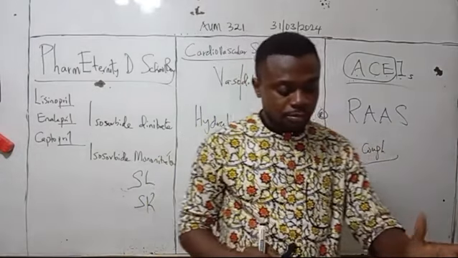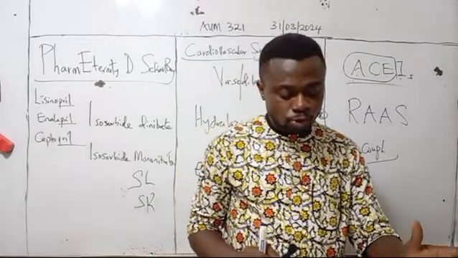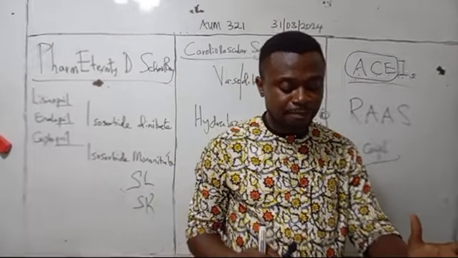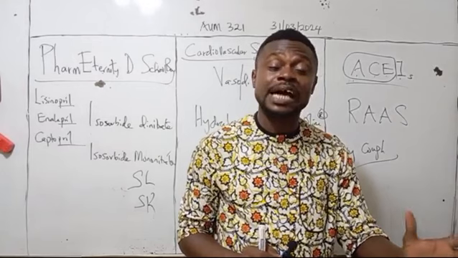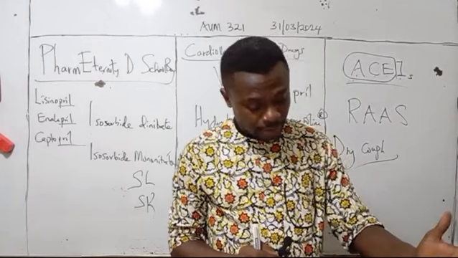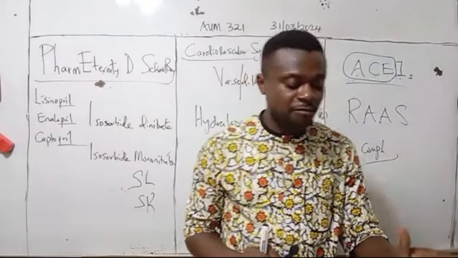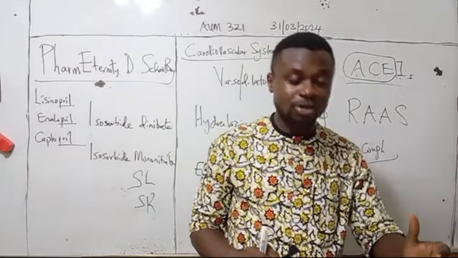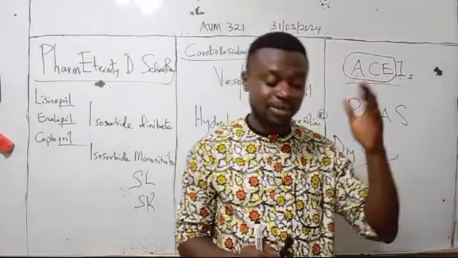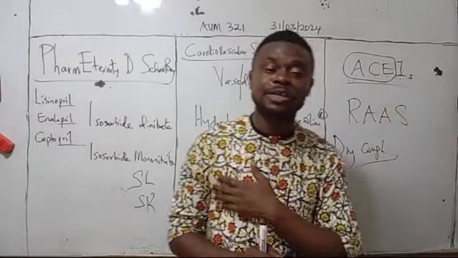We also have perindopril. Perindopril is another example of an ACE inhibitor. We have it at 2 milligram, 4 milligram, 6 milligram. It can be taken 4 milligram daily, and you can titrate it to a maximum dose of 16 milligram per day.